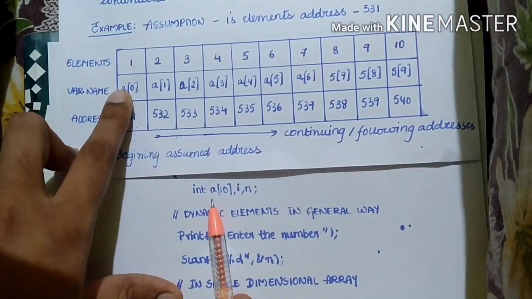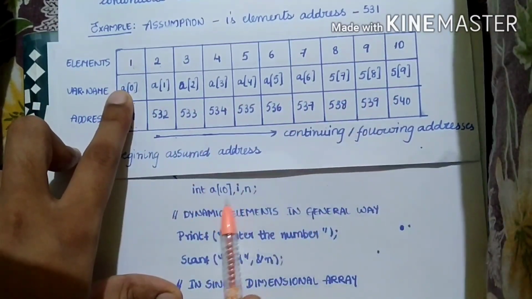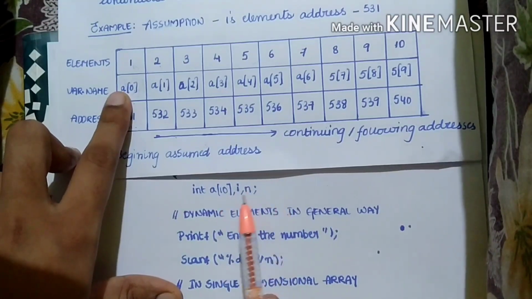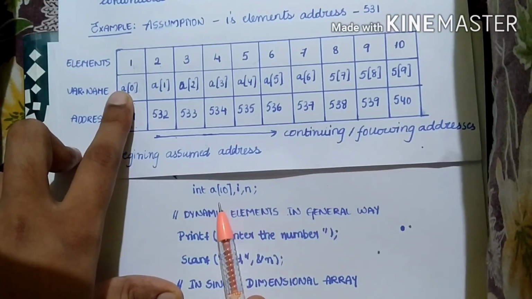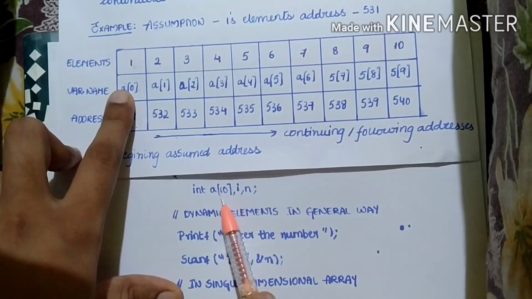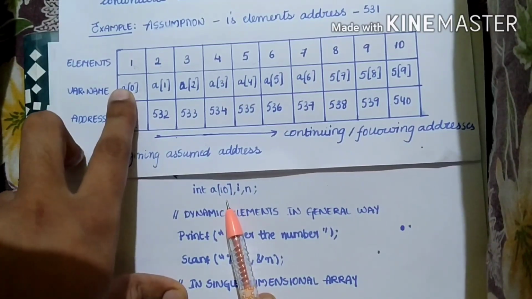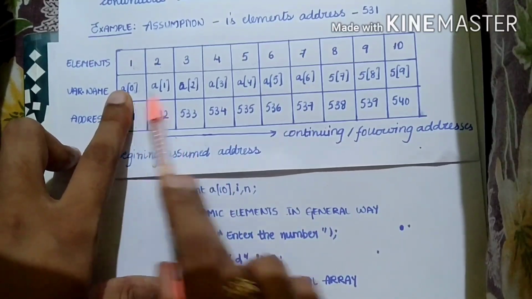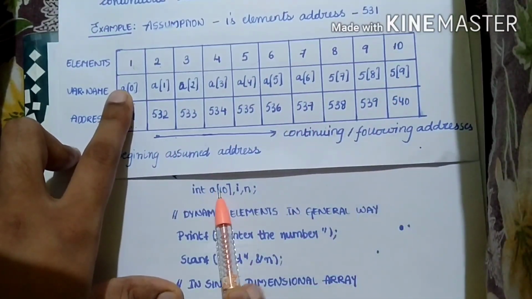So I have given its size as 10. As I said before, the index starts from 0 and ends at n minus 1. That means here n is 10, so 10 minus 1 is 9. From 0 to 9, this loop iterates.